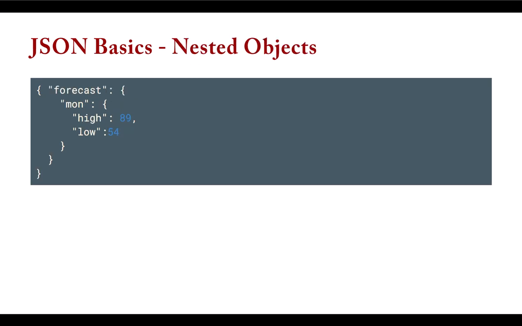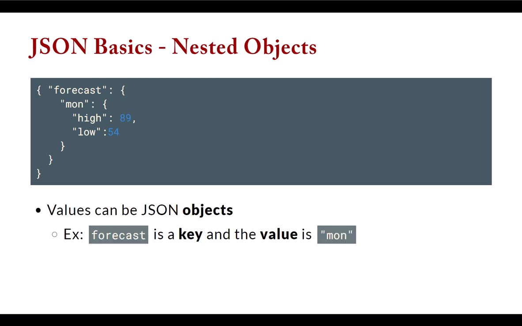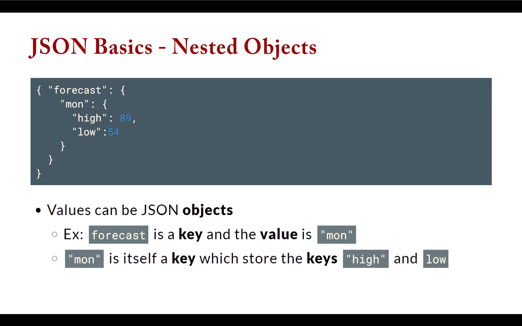Okay, now another thing is we can have objects inside of other objects. So in this case, forecast is the key, and its value is Monday, or Mon, right? But notice that it's actually another object. So Mon is also a key, and it happens to have keys inside of it, which are high and low.